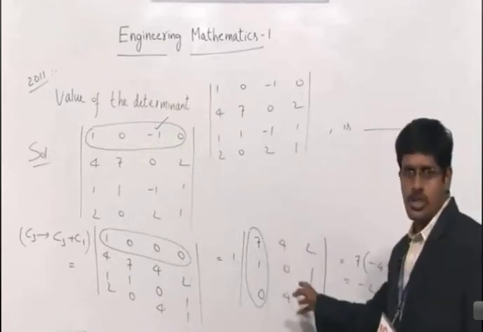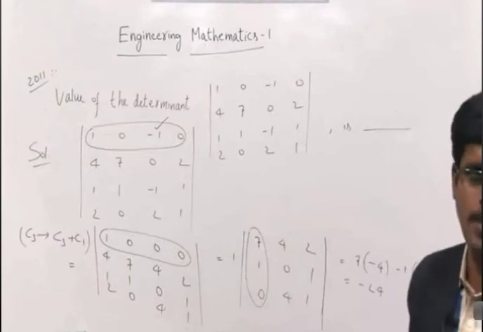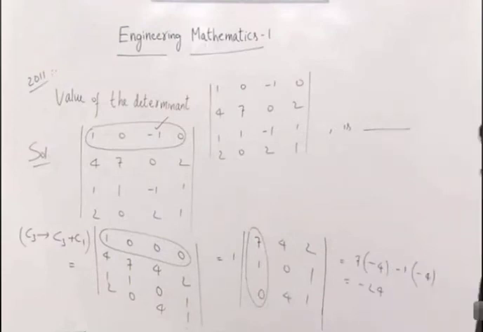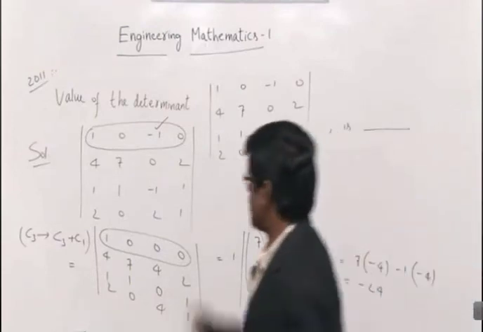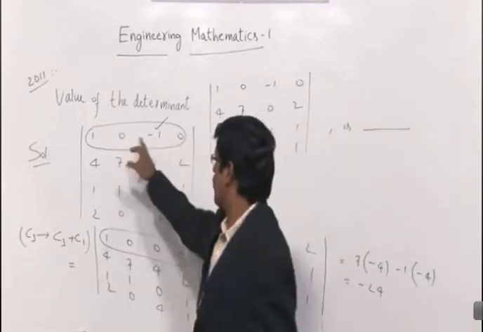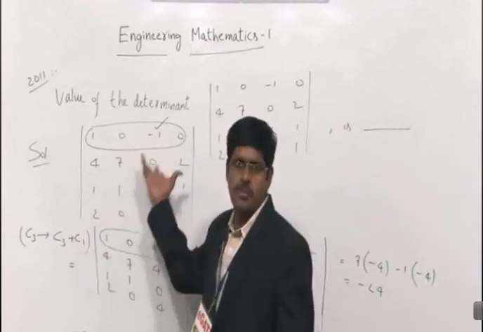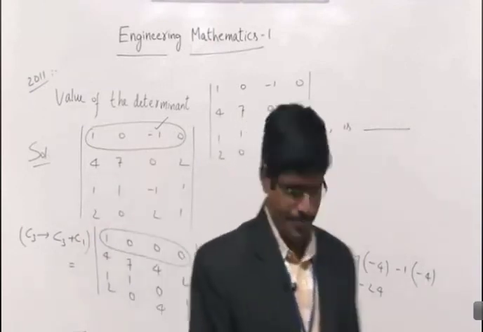So in such a way it is reduced to 3 by 3, and you know how to expand 3 by 3, which I showed you in the previous problem. Here I selected the first row because it already has 2 elements 0. Suppose all elements are non-zero, then you do 2 more operations making them 0.